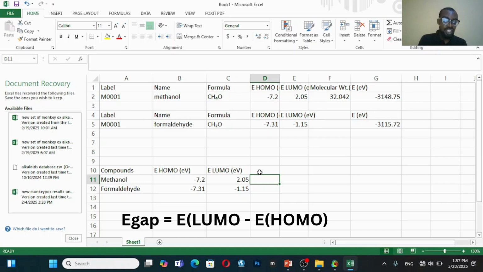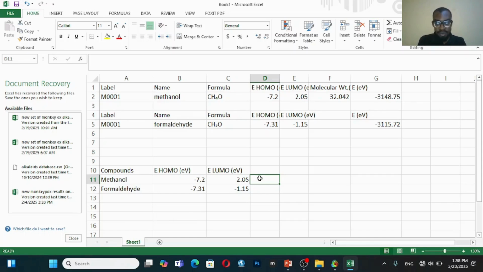And the lower the energy gap, the less stable the compound is. But the less stable the compound is, the more reactive it will be. So let's compare them. And the formula for that is E-LUMO minus E-HOMO. So this minus this. Okay. So this is the energy gap.